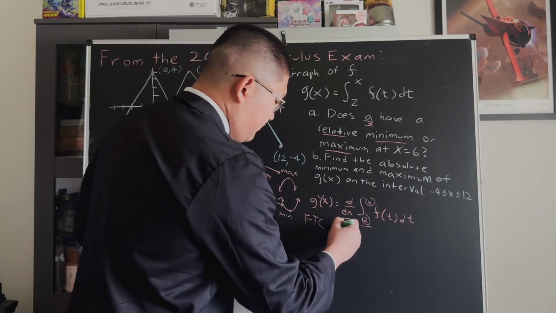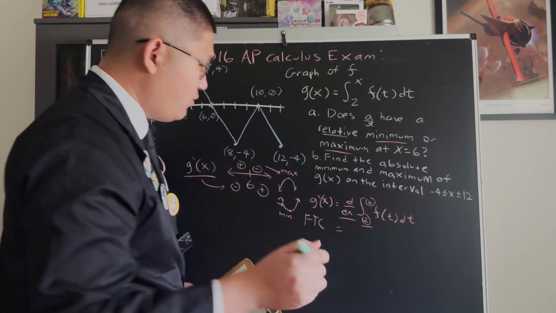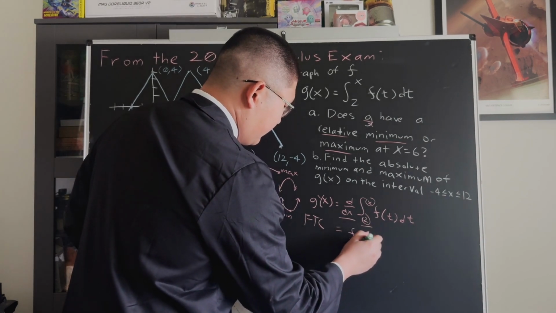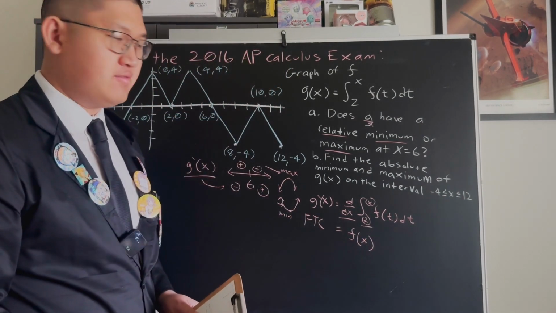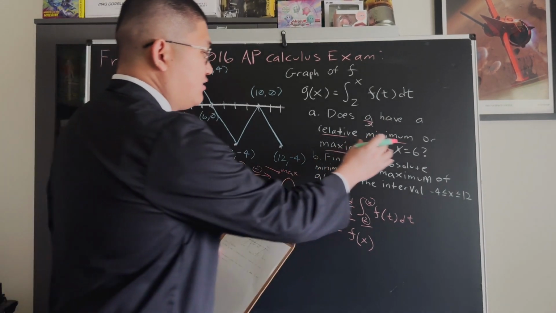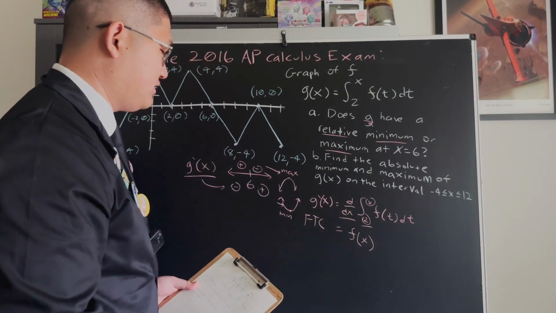So from the fundamental theorem of calculus, we deduce that we are simply dealing with the function f of x directly as the first derivative of g. Very simple for us to then determine what we're looking at when x is equal to 6.